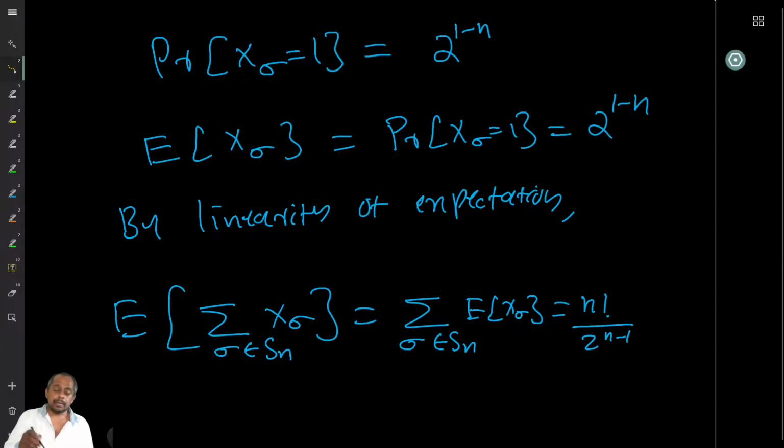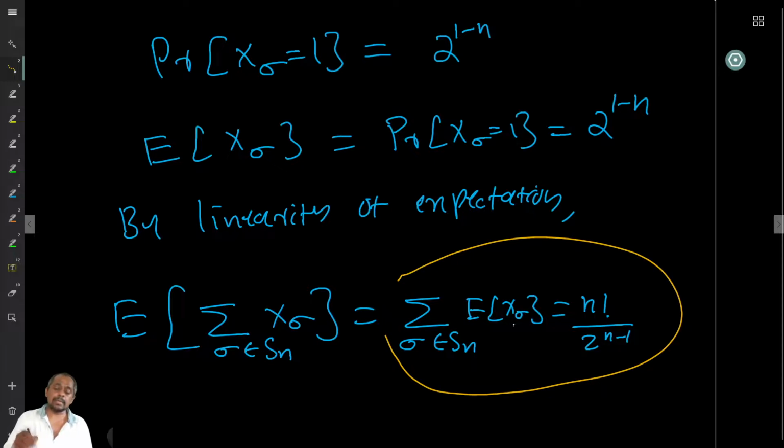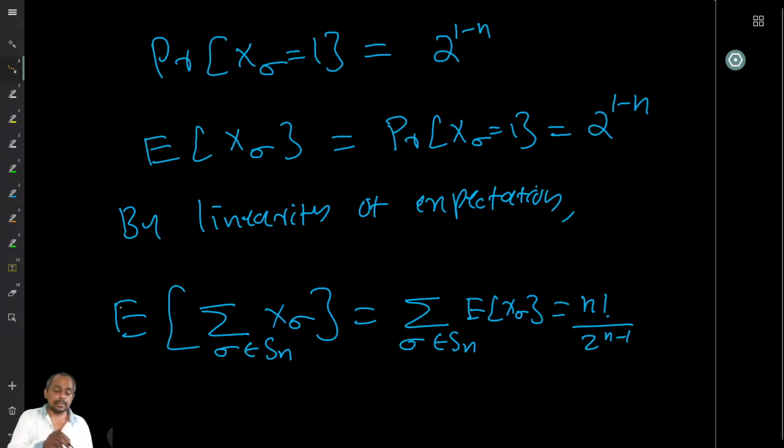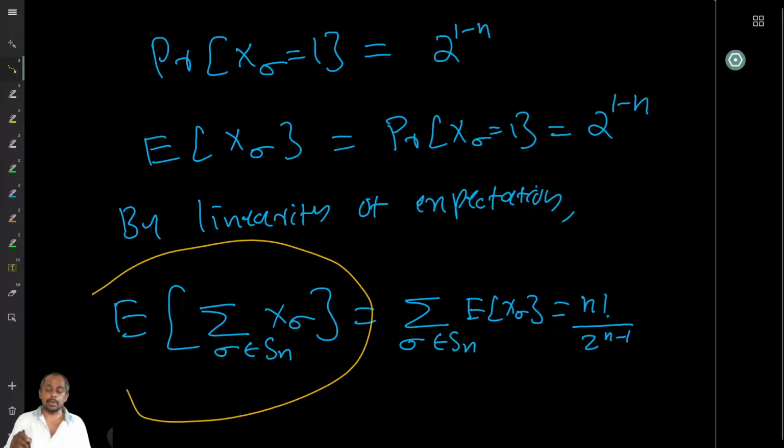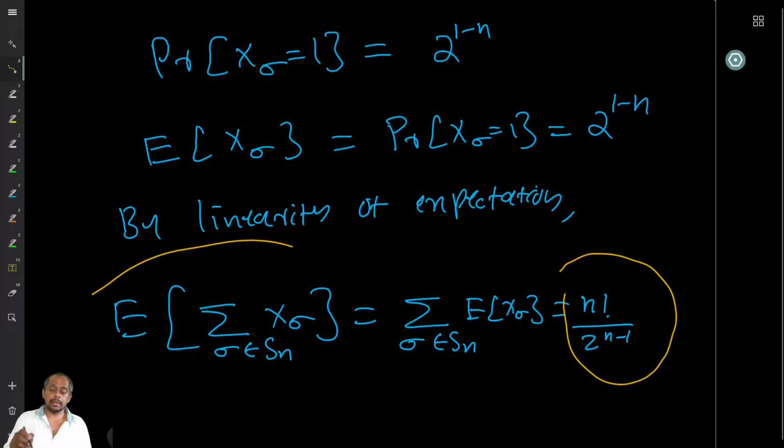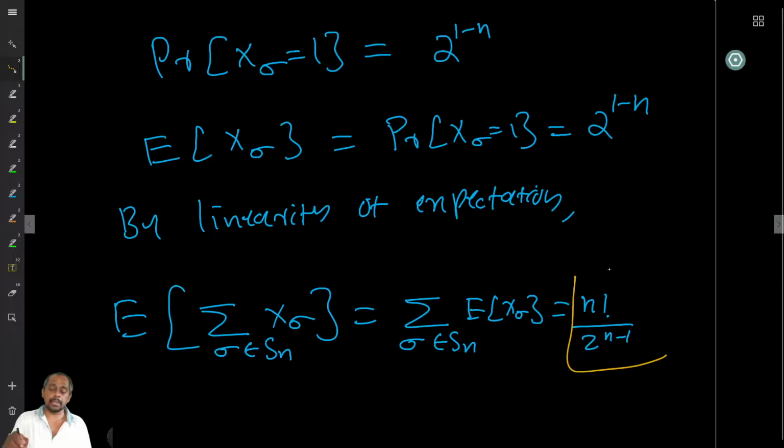There are n factorial such permutations, and for each permutation you have the same expectation. So by linearity of expectation, this expected number of Hamiltonian paths is 1 by 2 raised to n minus 1, added n factorial times. So that is n factorial by 2 raised to n minus 1.